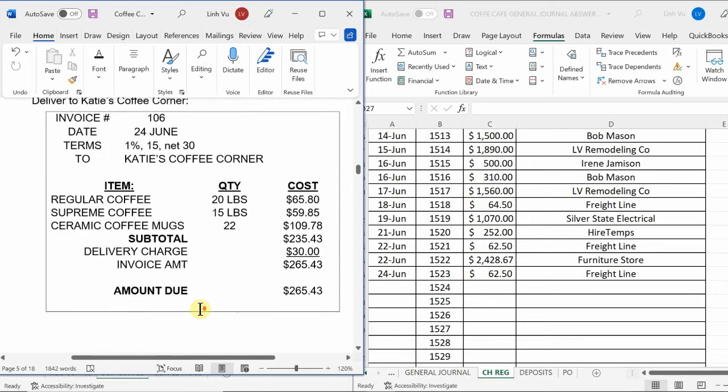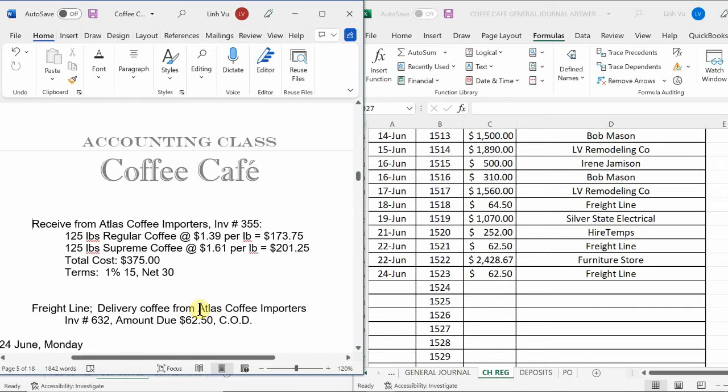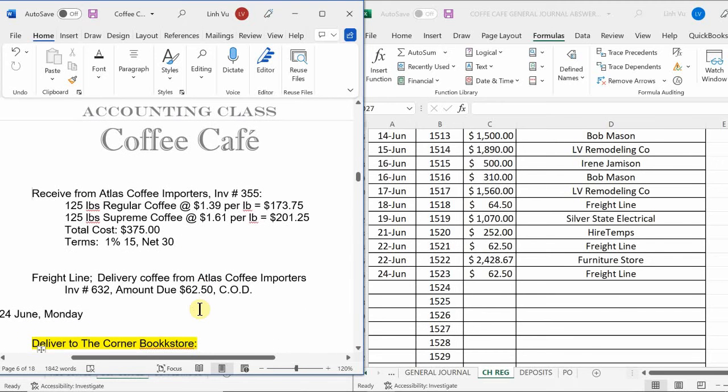So in this case, we obtained our coffee. Here's our check number 1523.